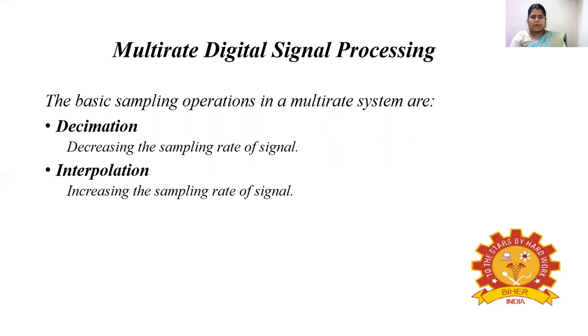The basic sampling operations in a multi-rate system are decimation and interpolation. The term decimation means decreasing the sampling rate of a signal, whereas interpolation means increasing the sampling rate of the signal.